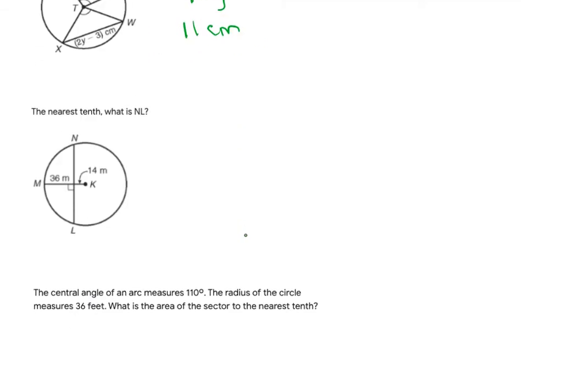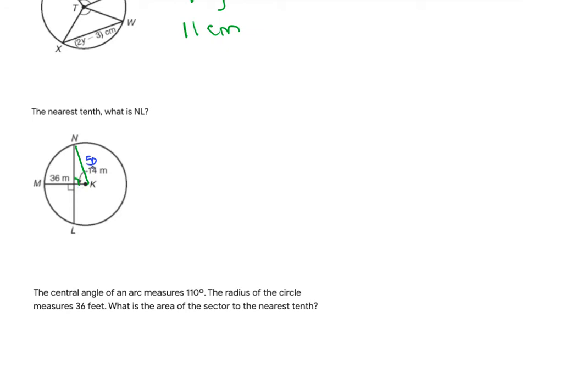To the nearest tenth, what is NL? So these are the ones where we will have to use the Pythagorean theorem to figure this out. We have to imagine this as a right triangle here. This is a radius. We know the radius this way because 36 plus 14 is 50, so the length is 50.